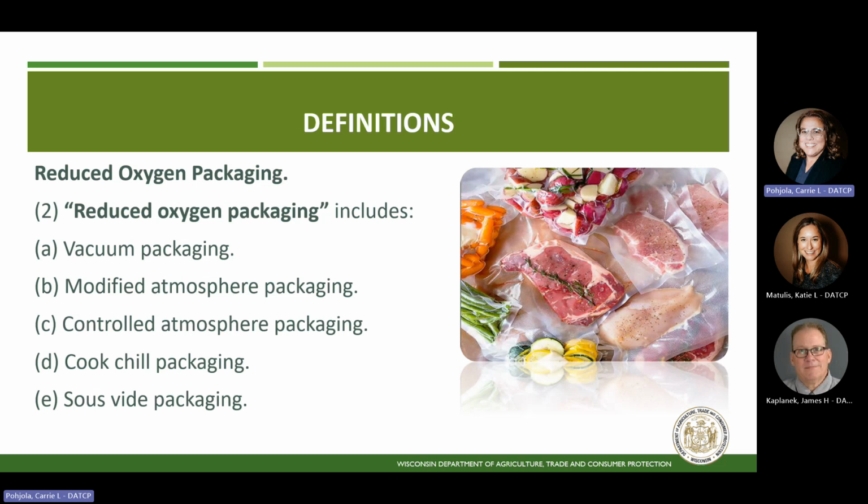And finally, sous vide package. This is when food is packaged raw or partially cooked in a vacuum packaged environment in an impermeable bag. It is cooked in that bag, rapidly chilled, refrigerated at temperatures that inhibit the growth of psychrotrophic pathogens.